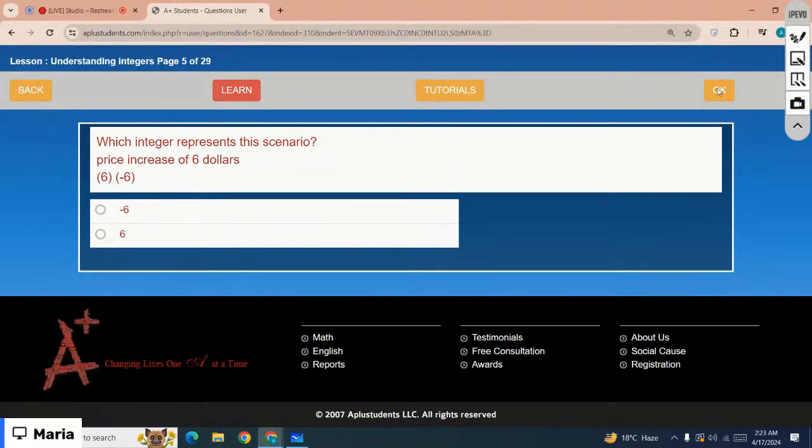Which integer represents the scenario price increase of $6? So which is the correct option? That is an increase, so it must be represented by a positive number, right? 6 it is.